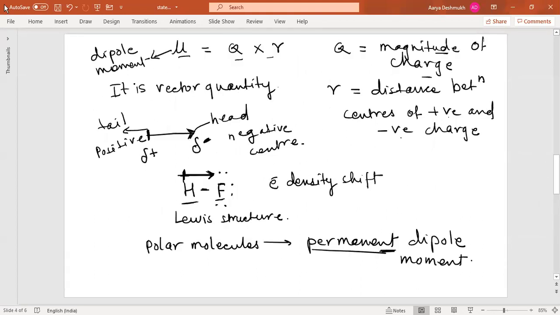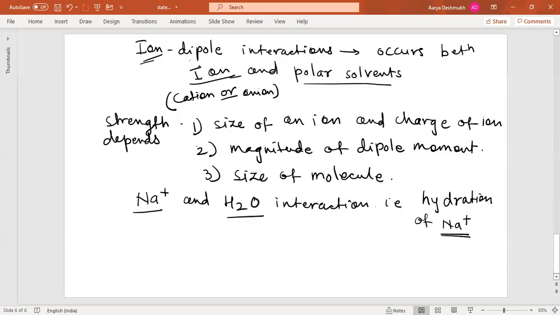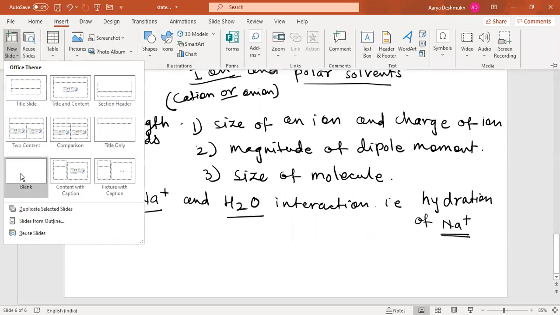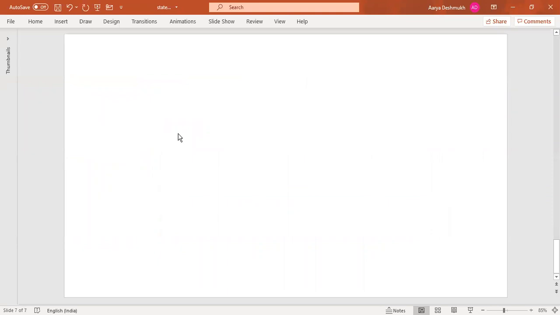So here we can add one more slide. Wait a minute. So, hydration of this sodium ion, that is ion and the polar solvent. Remember, ion-dipole means there should be an ion, might be positive or negative, and it is interacting with a polar solvent.